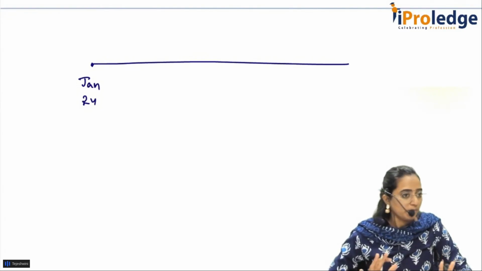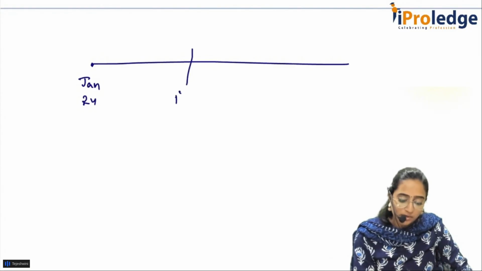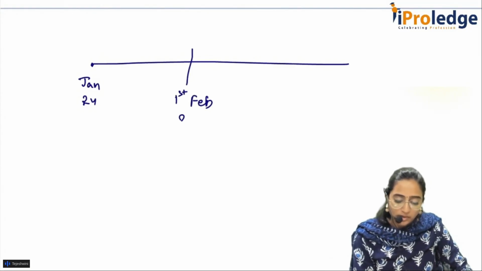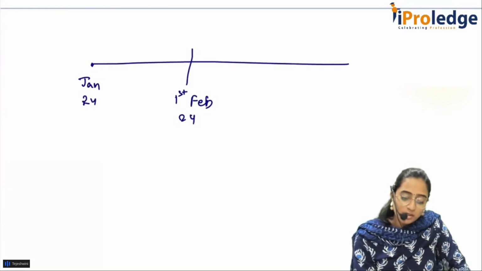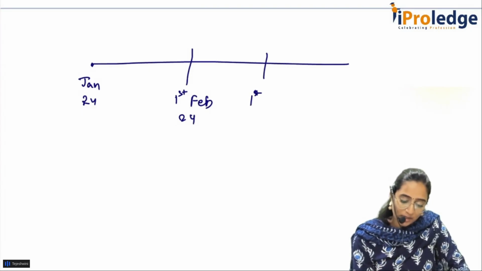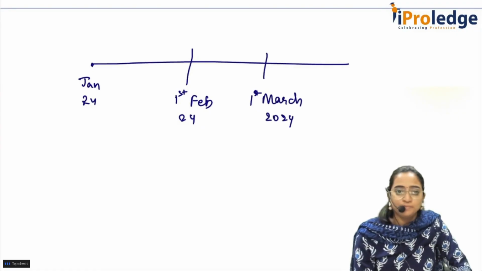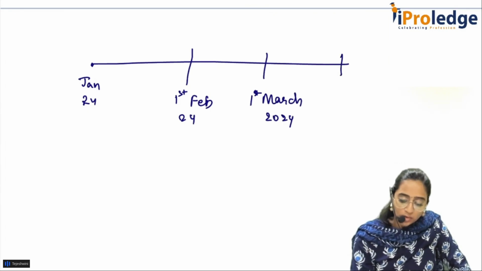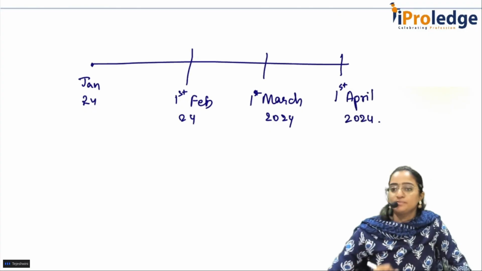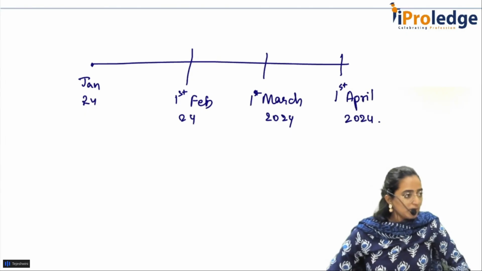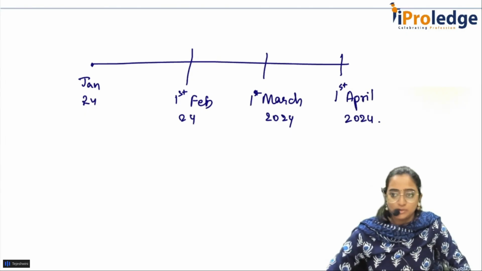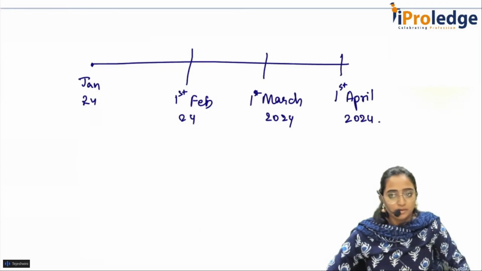On 1st or 2nd of Feb. Let's consider 1st of Feb 2024. For the work done in Feb, you get the salary on 1st of March 2024. For March, 1st of April 2024. Jan salary you get in Feb, Feb salary in March, March salary in April.